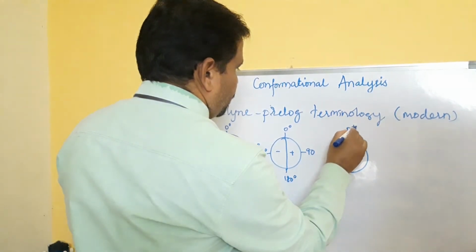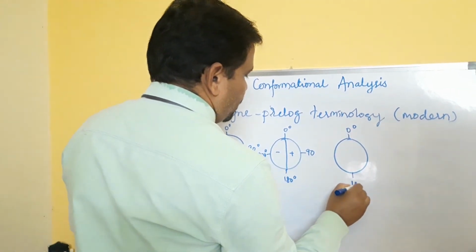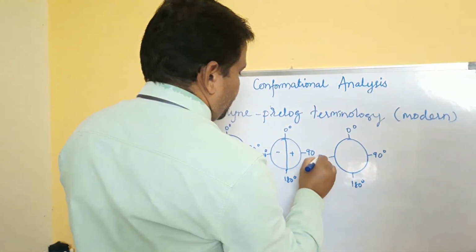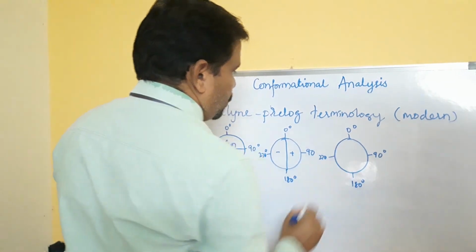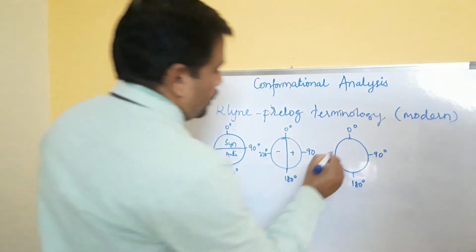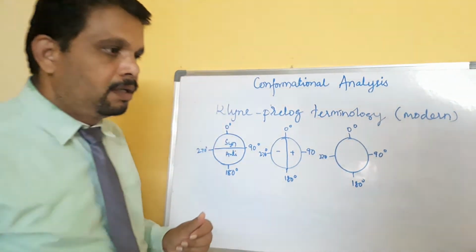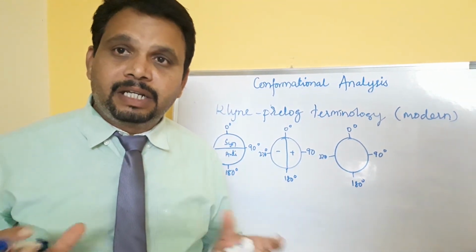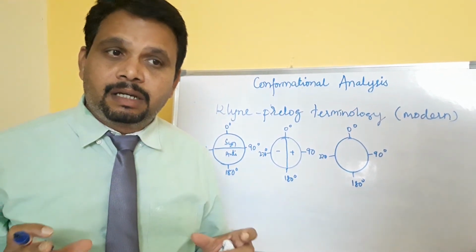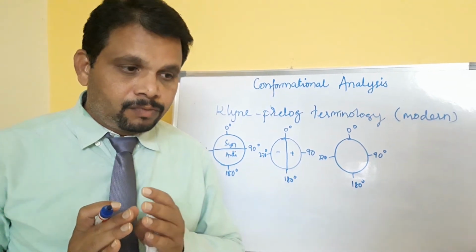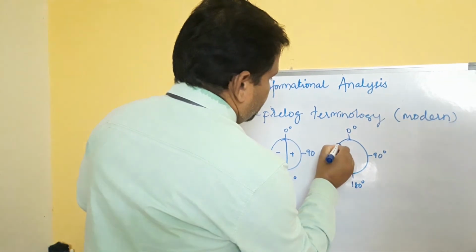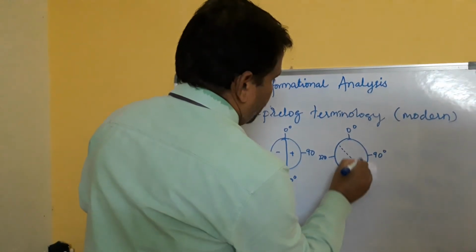So 0, 180 degrees, 90, 270. Okay, so there is a torsional variation. That means there is plus or minus 30 degrees variation. Therefore, you can mark it like this with X marks.